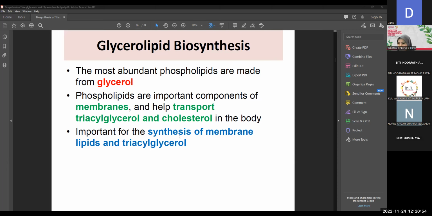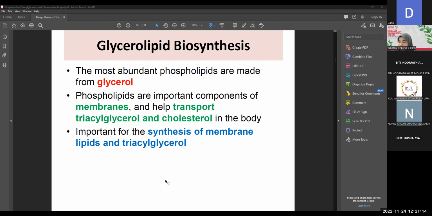The most abundant phospholipids are made from glycerol. Glycerol is the precursor for the formation of phosphatidic acid, so it is very important in glycerolipid biosynthesis.